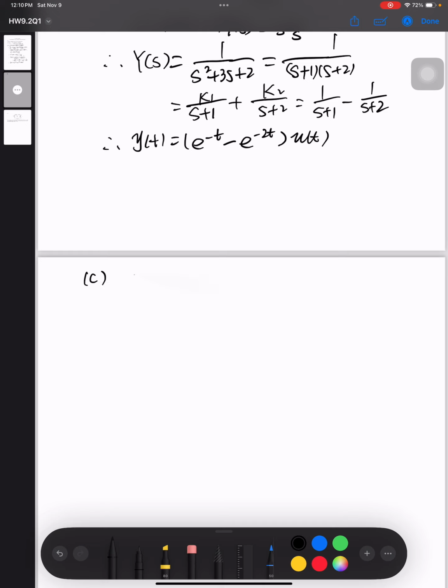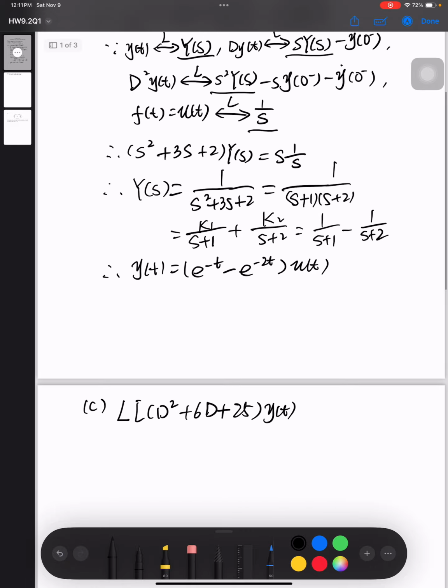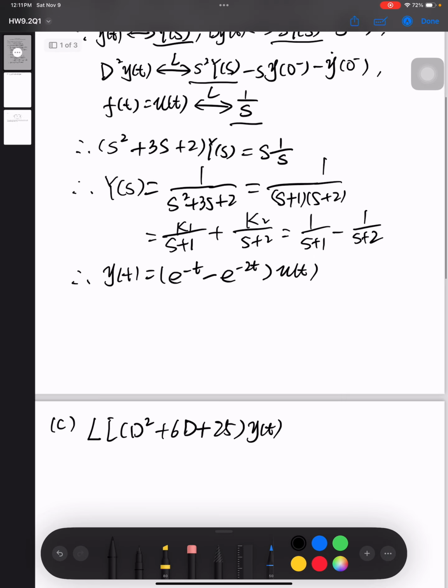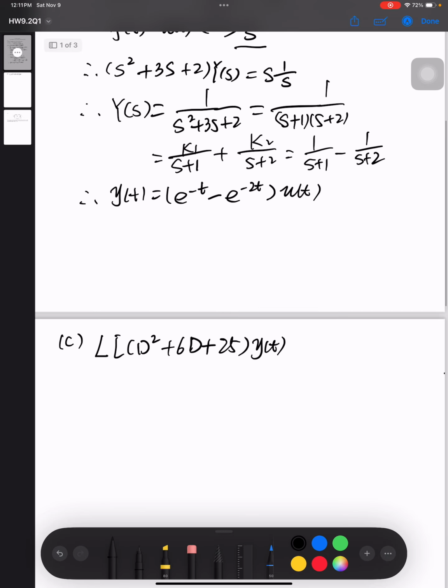So the Laplace transform of (D squared plus 6D plus 25) y(t), and the right hand side is the Laplace transform of (D plus 2) f(t).